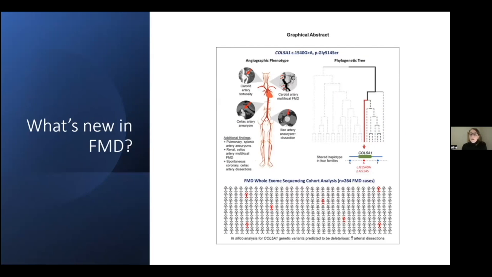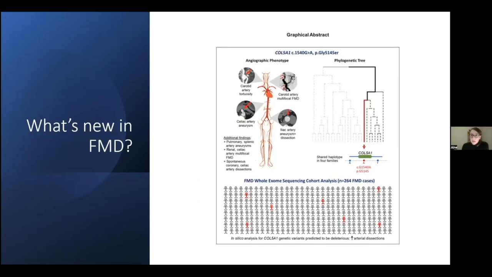So this particular genetic variant, the COL5A1, is a genetic variant seen in Ehlers-Danlos, which is a connective tissue abnormality, which has similar vascular manifestations to FMD.